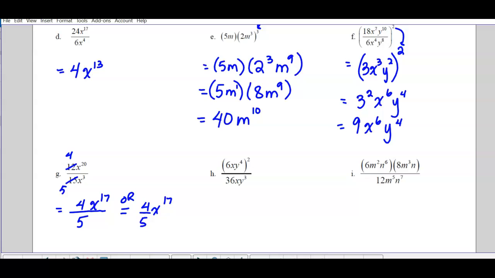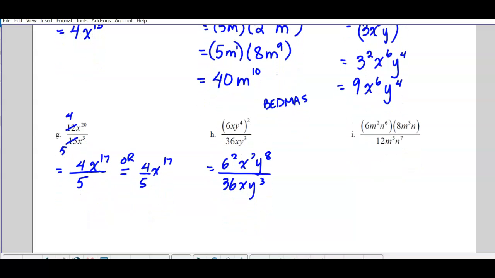Next one, again, order of operations. Inside the brackets, there's nothing we can do. So next is exponents, and so we have to figure out that first before we do our dividing. So here, that's going to be 6 squared x squared y to the 8 over 36xy cubed. 6 squared is same as 36, right?